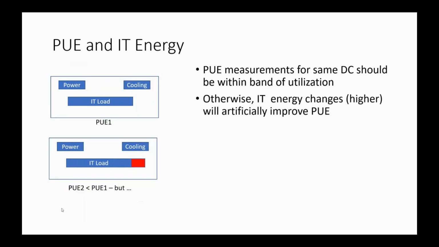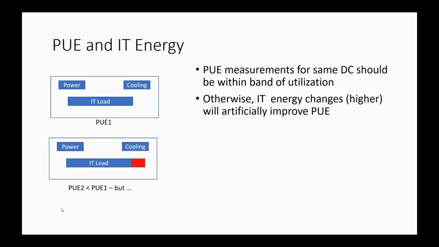All right. Since Jeff touched on IT energy and IT load, let me go there. When people report PUE, let's say one is reporting PUE1 as shown in the picture. The other is reporting PUE2, and PUE2 is less than PUE1. Which do you think is the better one from a sustainability standpoint?